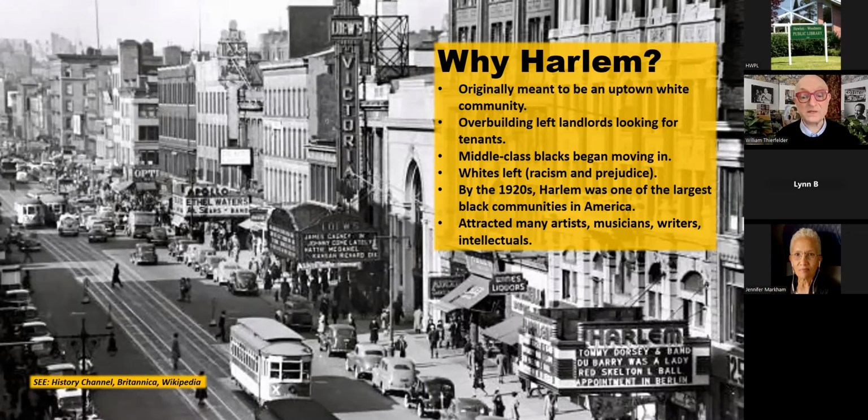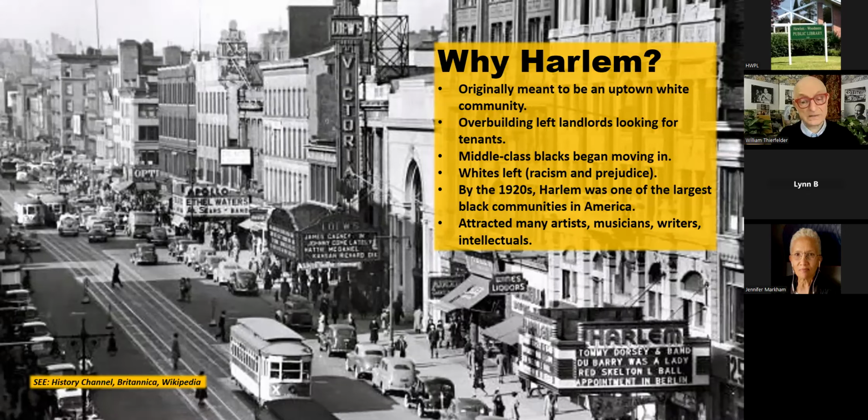Well, by the 1920s, Harlem was one of the largest black communities in America, from the rich businessmen of Sugar Hill to the poorer citizens of the eastern and western fringes. And to meet the demands of this growing population, restaurants, music venues like jazz clubs, and stores were opened.